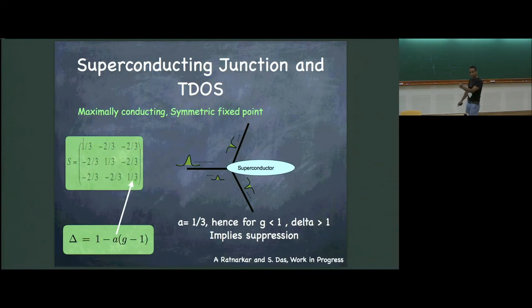Now we physically inject superconductivity at the junction, write down the right boundary conditions, and at the most symmetric fixed point you get something completely counterintuitive. So Andreev processes alone are not enough, and the number of junctions alone is not enough. It's the interplay of the two which can give rise to a suppression of tunneling density of states, beating the Luttinger liquid physics. I think with that I'll stop.